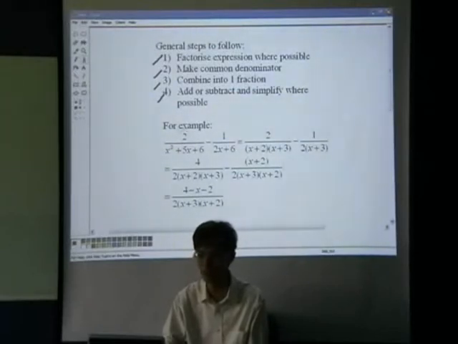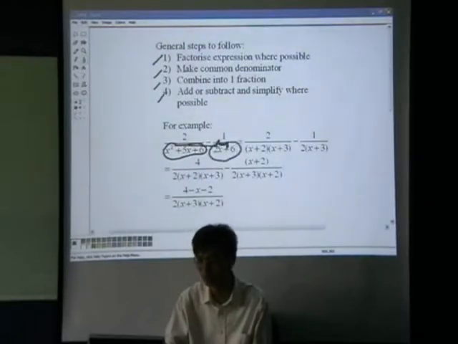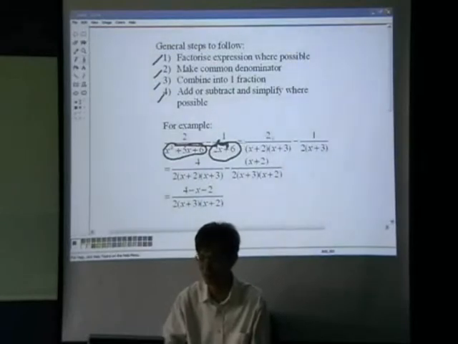Let's take, for example, this question: 2 over x squared plus 5x plus 6 minus 1 over 2x plus 6. We will first factorize the denominator for this case. After that, we'll get x plus 2, x plus 3, and minus 1 over 2 times x plus 3. After factorization, we make a common denominator by multiplying 2 to the numerator and denominator for the first term.